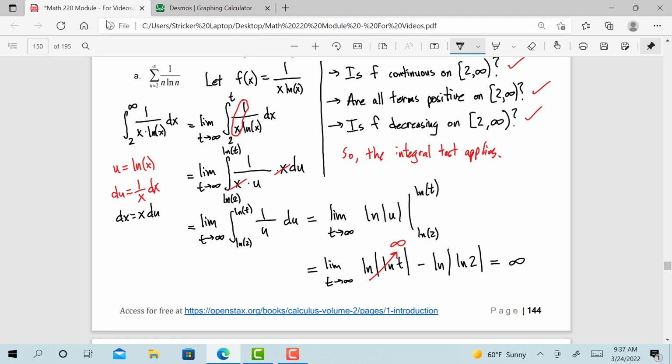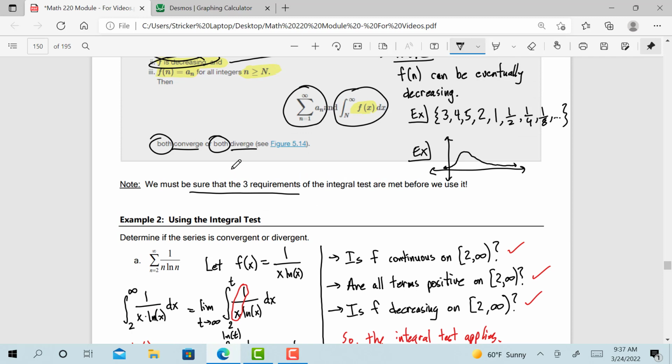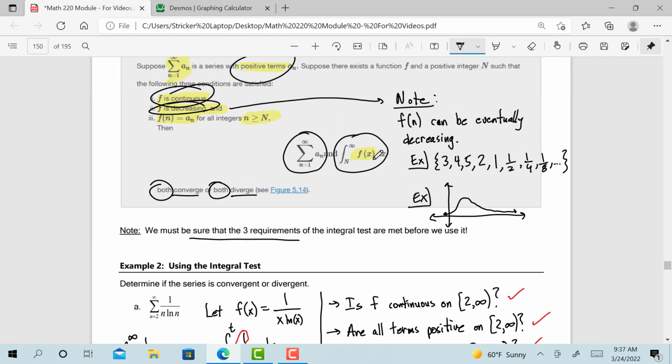So does it converge or diverge? It diverges. And remember what the theorem said. The theorem said that if the integral diverges, then the series also diverges.